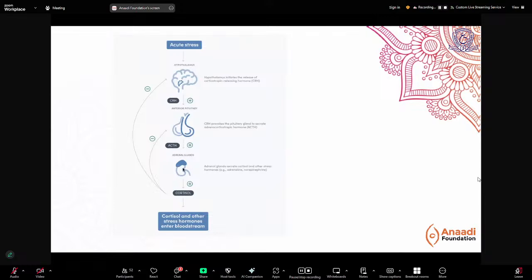Then ACTH goes to the adrenal gland, right? And many neurotransmitters and hormones are secreted, which is adrenaline. That's why we have an adrenal rush whenever we see something as a threat, right? And then the cortisol is secreted into the bloodstream. So adrenaline, cortisol, everything is secreted into the bloodstream. Ideally, it should bring down the stress levels. But if it does not, it can lead to chronic stress, right?